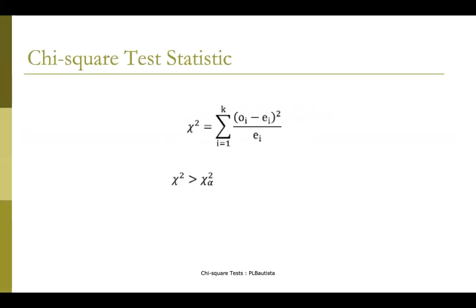For any of the three applications that we are going to discuss, we will be using the same chi-square test statistic, which is given by the following formula. So the chi-square test statistic is equal to the sum of the observed minus the expected value, which is squared, and divided by the expected value. So again, O sub i refers to observed values, while E sub i refers to the expected values.